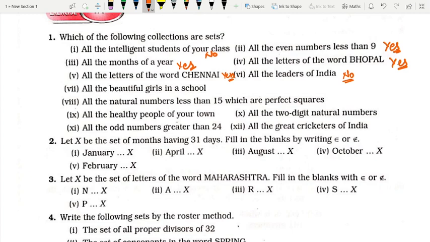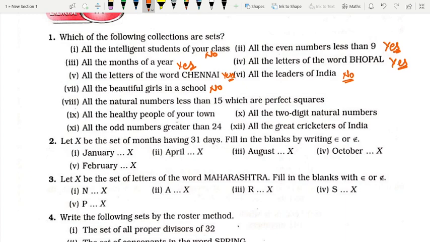Which kind of leaders are they? It is not well defined because leaders is not precise. If it was the Prime Ministers of India, then it would be a set, but this time it is not a set because it is not well defined. Beautiful girls in the school, no, it is not a set. Like when we are praising or just saying something about someone, then these are not sets.